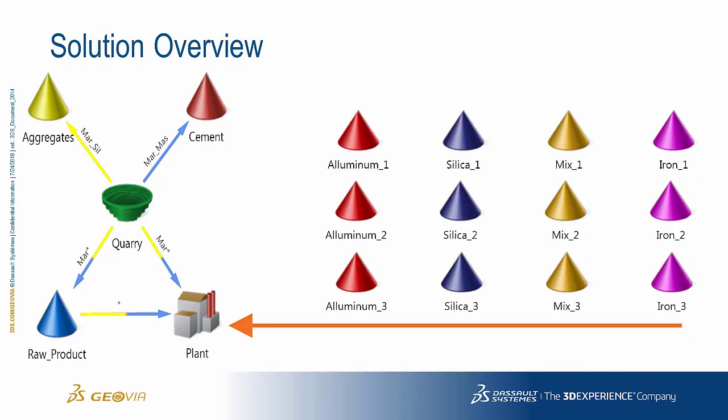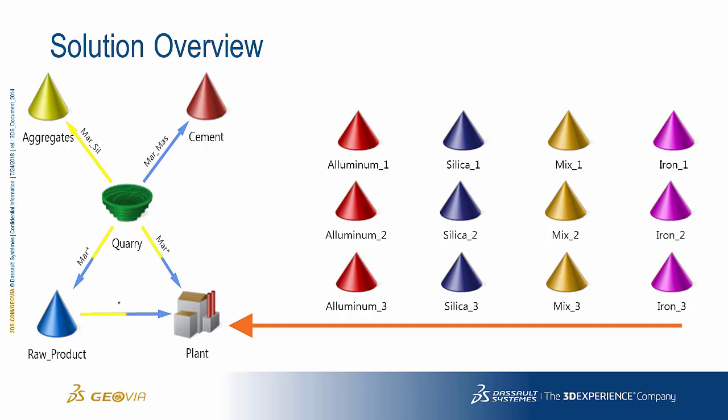So the issue with third-party materials is as follows. It is very common to have multiple suppliers of third-party materials. And every supplier is going to give a certain cost or price. It's also going to give a certain quality of material. Now, the quarry can pick and choose which material to purchase from which vendor.